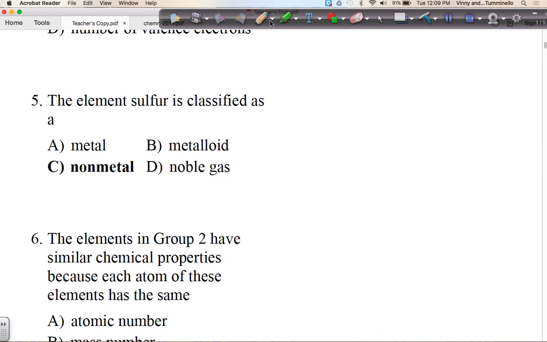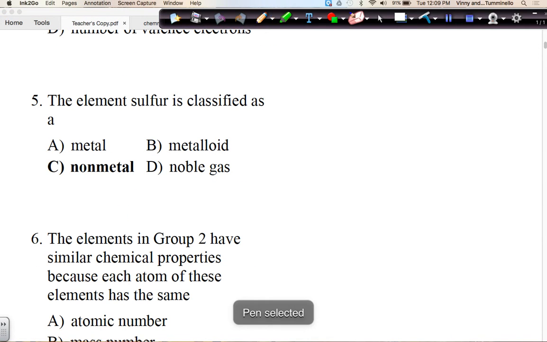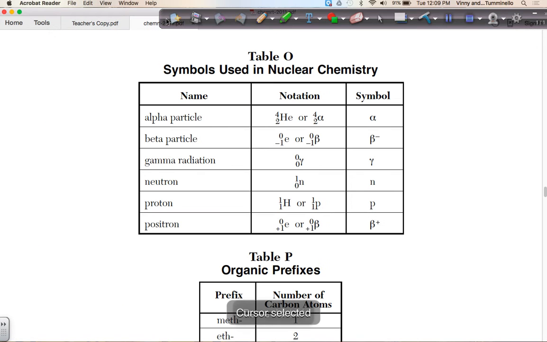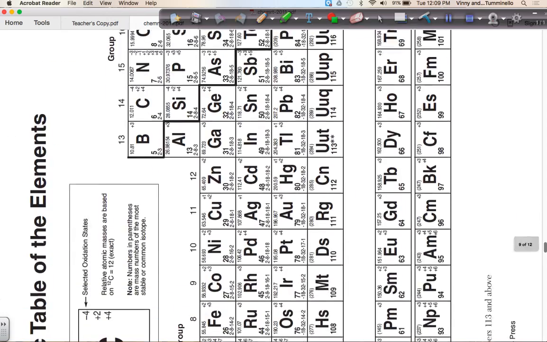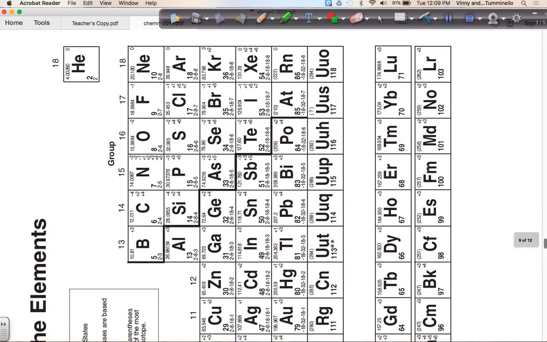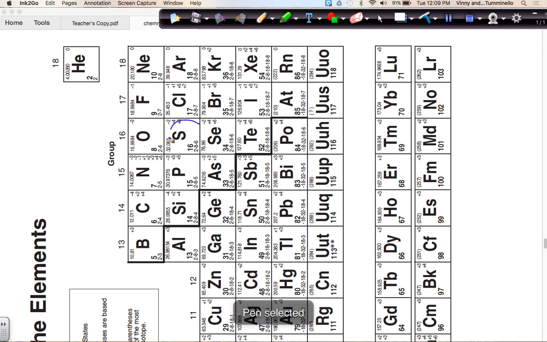Number 5, in order to know what sulfur is classified as, we have to look at sulfur on the periodic table. So if we find sulfur on the periodic table, we have sulfur right here, and on this side of the staircase line here, we have our non-metals.